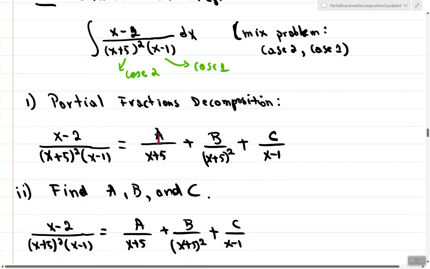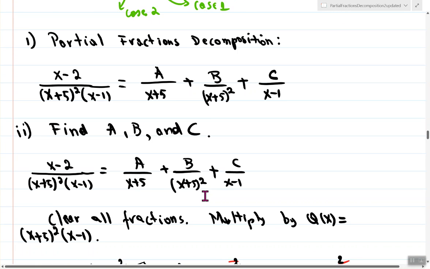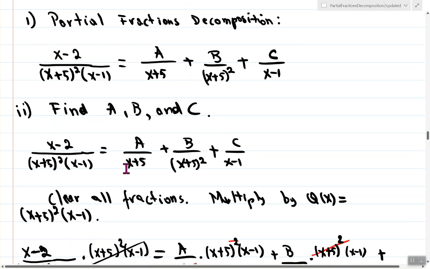Now we know we will have to find A, B, and C. To find A, B, and C, as we said in all cases, you have to clear all fractions. You have to clear all the denominators. To clear all the denominators, you will always multiply this equation by q of x, always, for all cases.